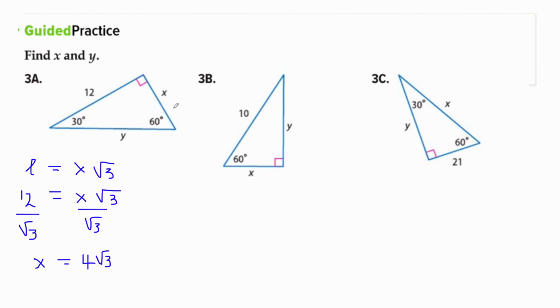And if you want y, you multiply this by 2. Y is equal to 2 multiplied by 4 root 3. Okay, so y will be equal to, excuse my space, 8 root 3.